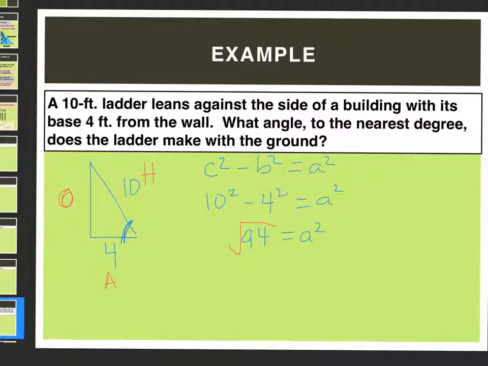On my calculator, square root of 94 is 9.695-ish. When I did it, I got 84. Oh, is it 84? Yeah, 16. Sorry, I just did 6. Thank you, guys. So I do 84 instead, which makes it a different answer. It's 9.165.